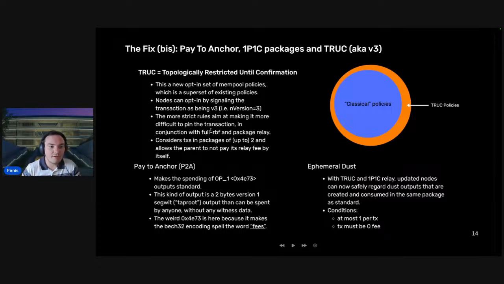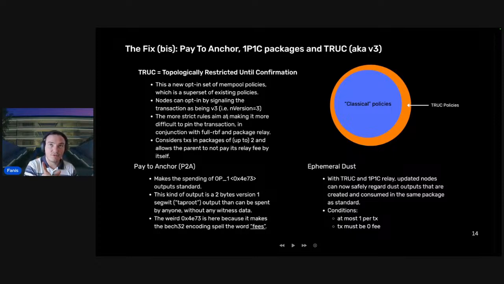But if you have updated your node to version 29.0, and so you are recognizing V3 transactions, if you have a parent transaction that pays, for example, let's take the very clear example, let's say the parent transaction is 200 virtual bytes and the child transaction is 200 virtual bytes as well, so they have the same weight.